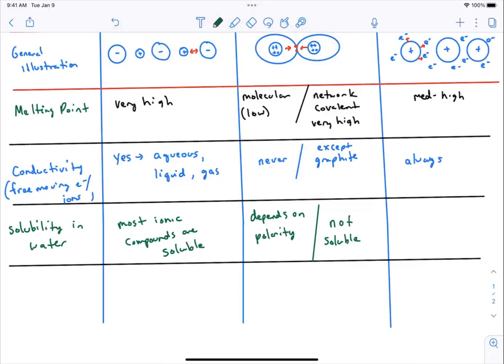Yes, Sophia. Yes, correct. So diamonds don't conduct, fullerenes don't conduct, SiO2 doesn't conduct either.